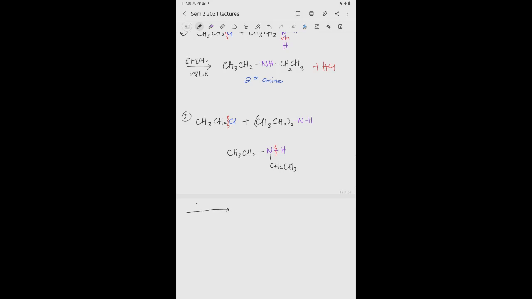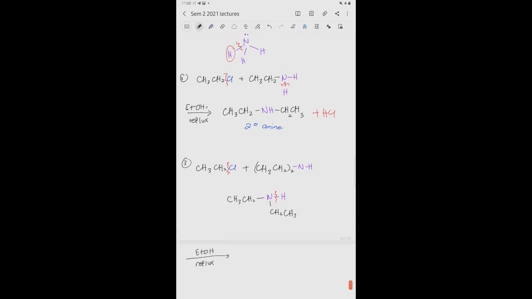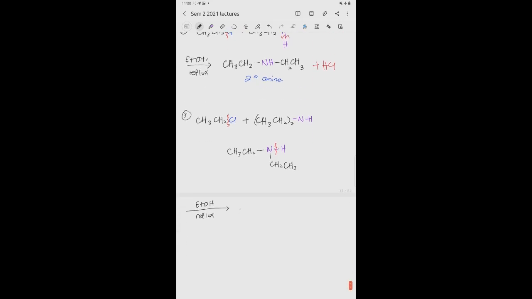This reaction still needs the ethanol and reflux. The byproduct that will be produced is still HCl, so this H will combine with the Cl.